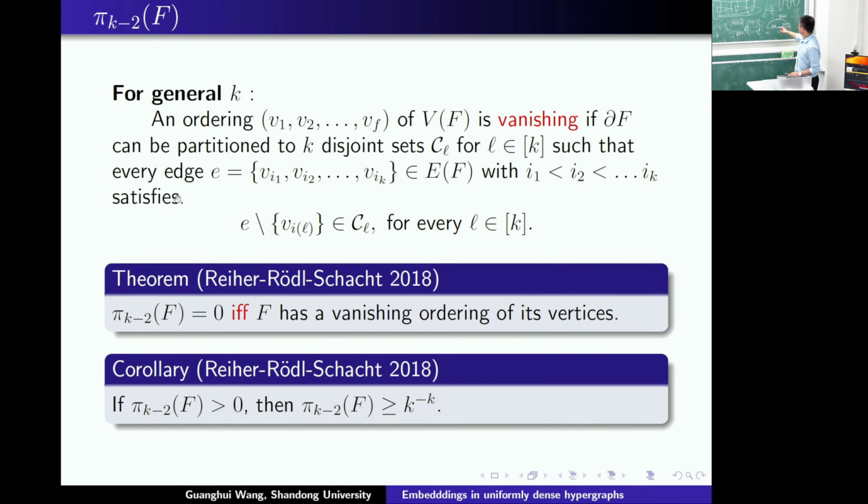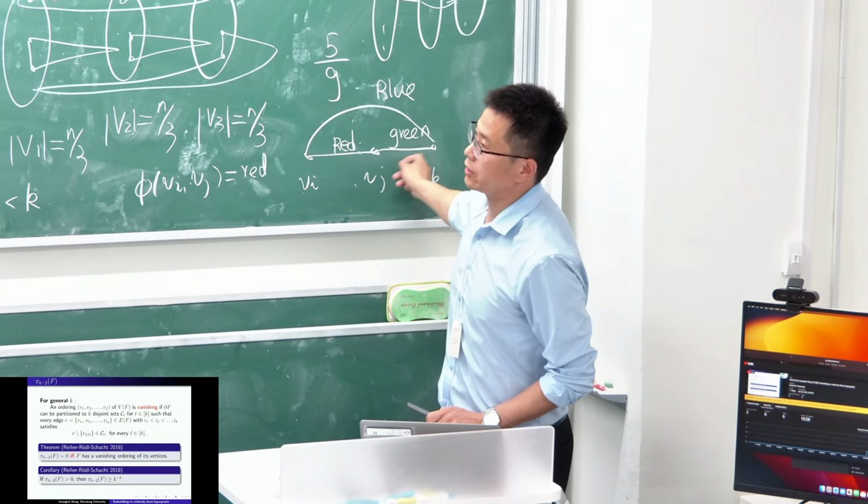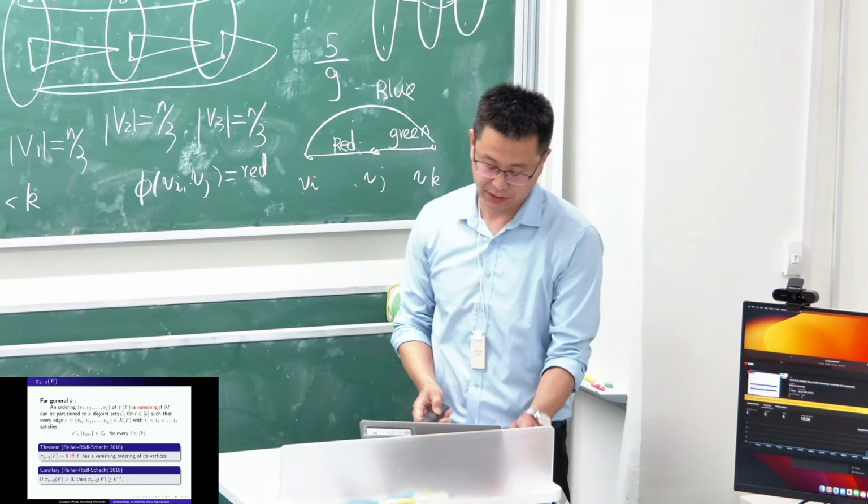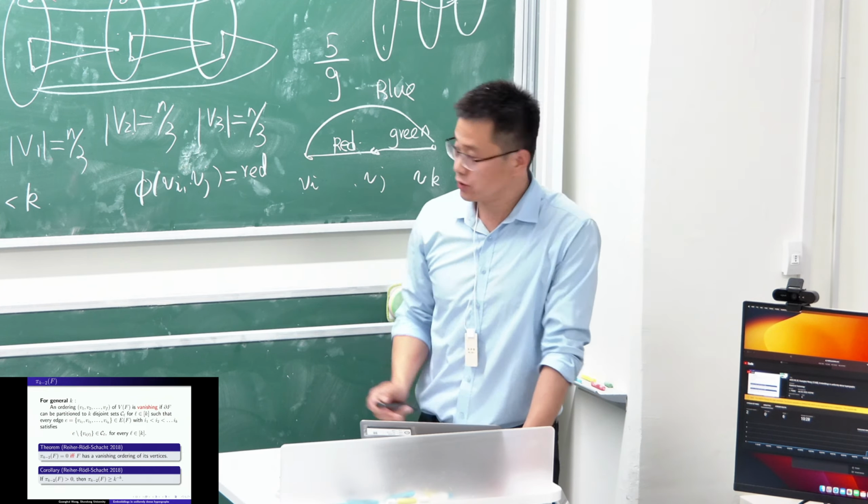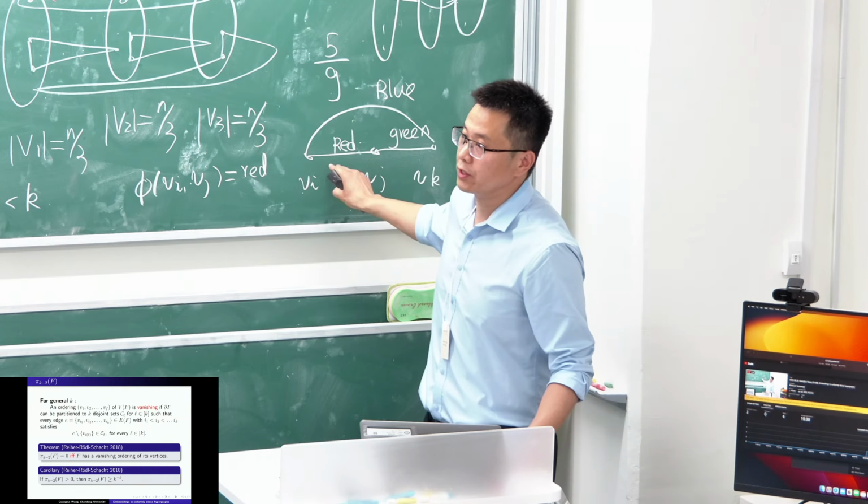This is the case when k is 3. So they generalized this characterization to the k version.